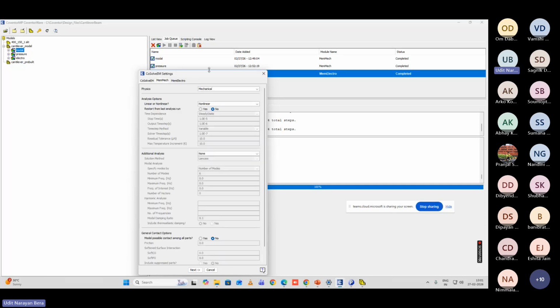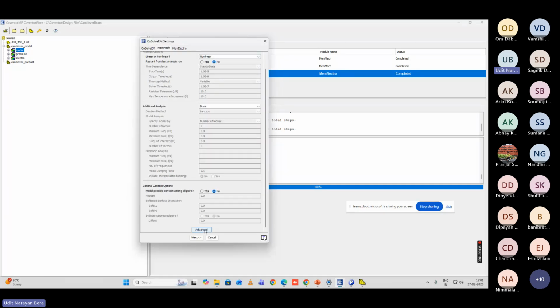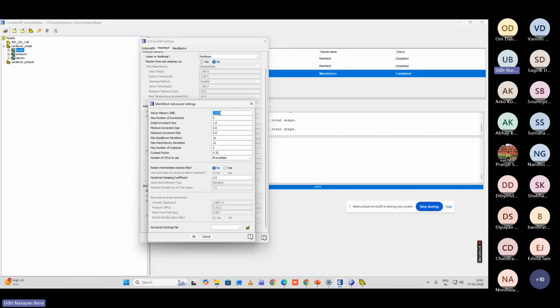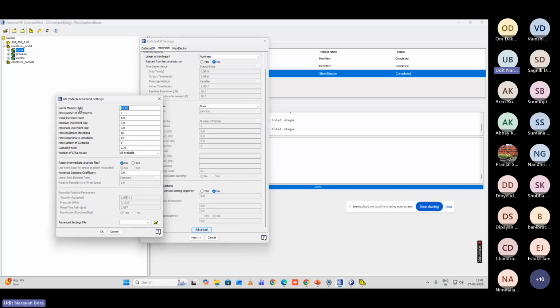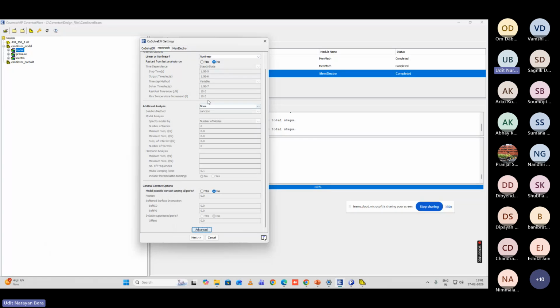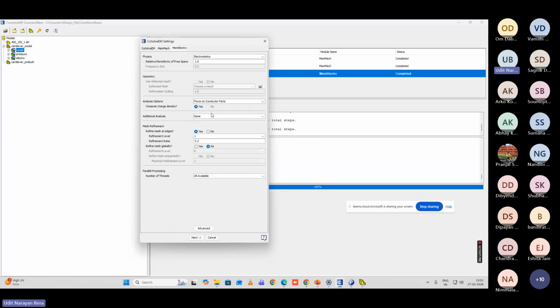In MEM-MECH, it will take a little bit more time, so I'm enhancing the solver memory a little bit. It was already 12,000. And then let's go to MEM electro. And here I'm reducing, let's make it one only, not three, so that it will take less time.